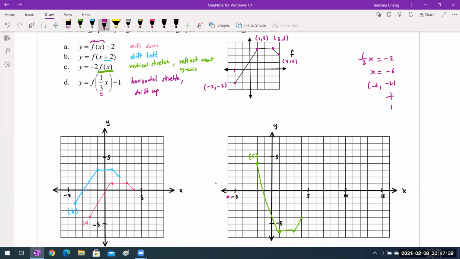Okay? So same process, 1/3 x is equal to 1. So therefore x is equal to 3. So when x is 3, my y value will be 3. That is after stretching. But I need to add 1 to my y coordinate to shift up. So this second point from the left, instead of 1, 3, will now become 3, 4.